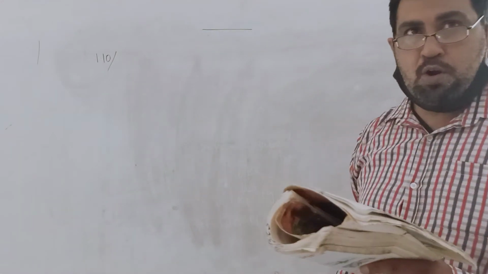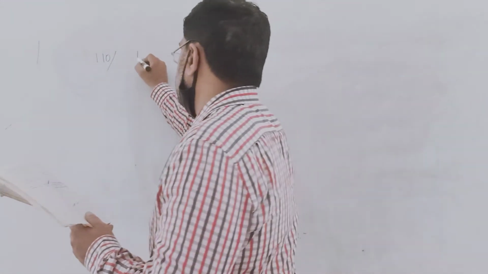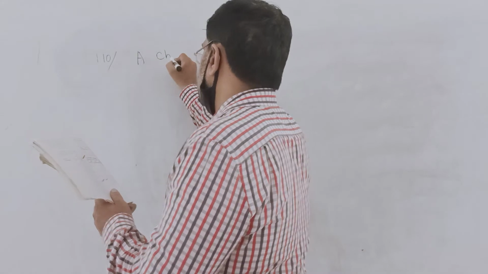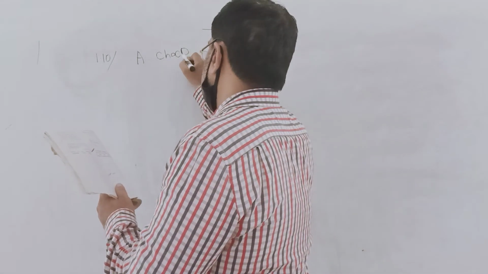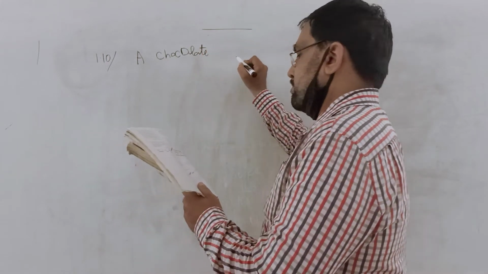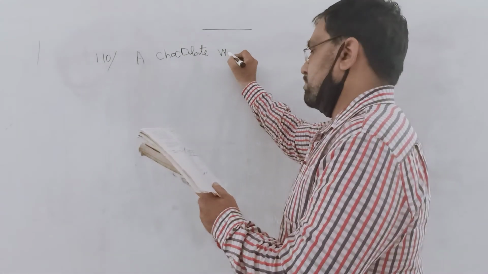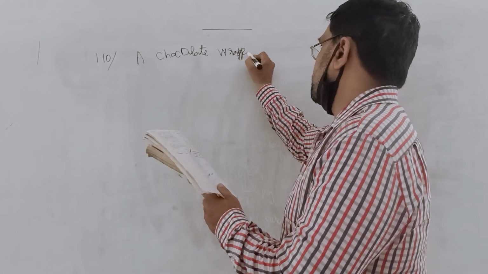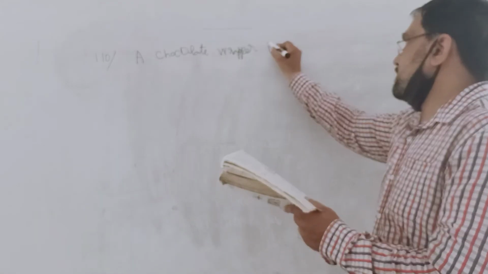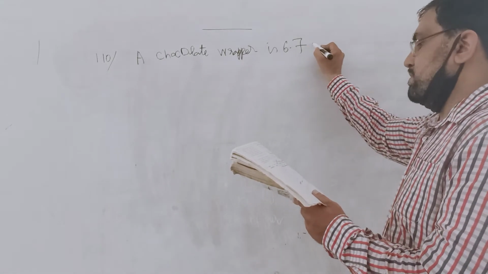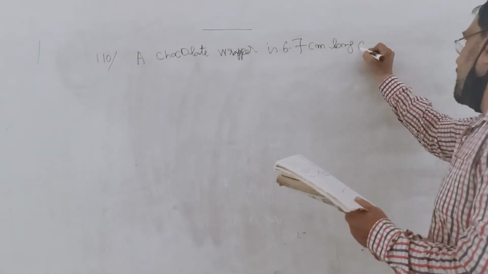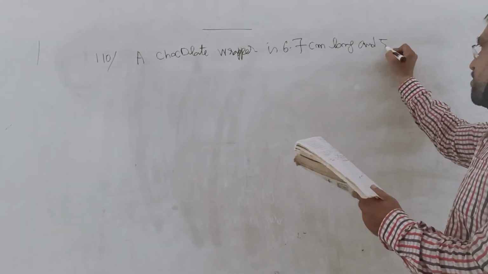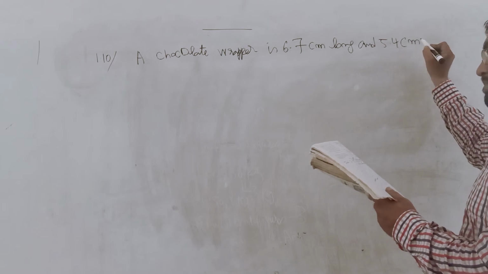A chocolate wrapper is 6.7 centimeter long and 5.4 centimeter wide.